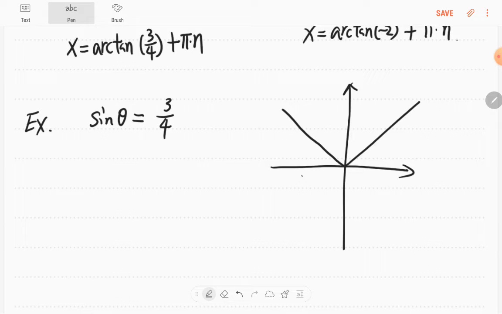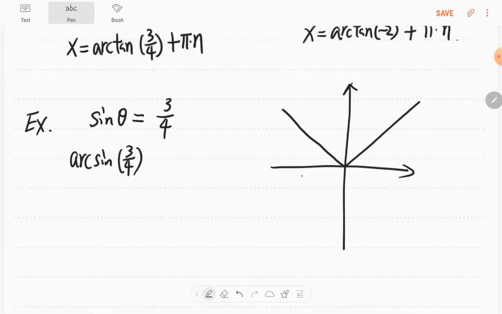So how to get this? So you have twos, right? How to get the general solution? The first thing we still need to do is look at the arc sine of 3/4.